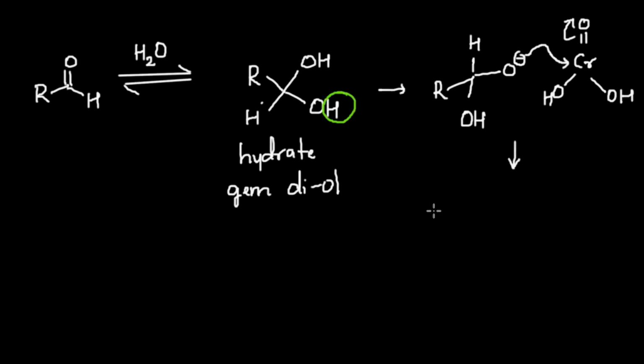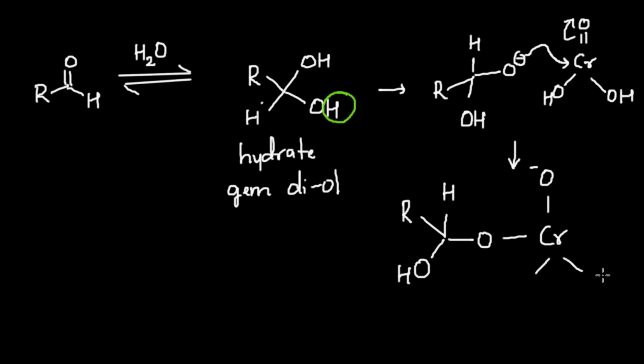This will fall to oxygen. So this negative charge is going to attack the proton. Bond will fall back, and this pair of electrons falls back on chromium.